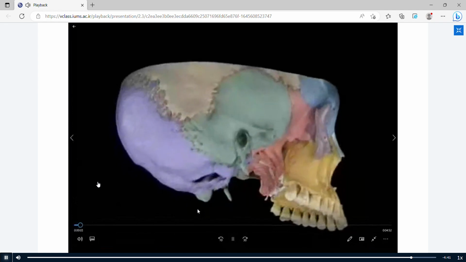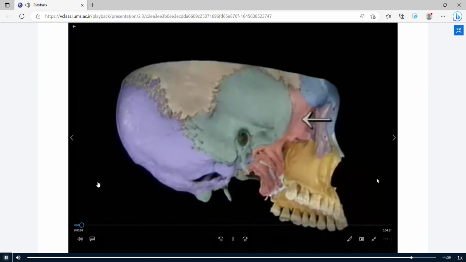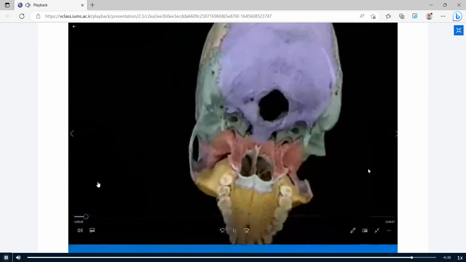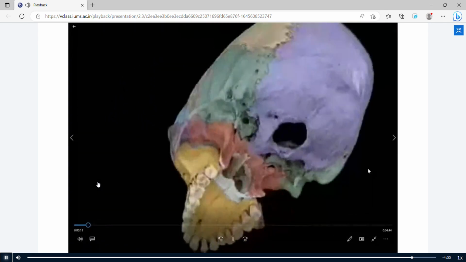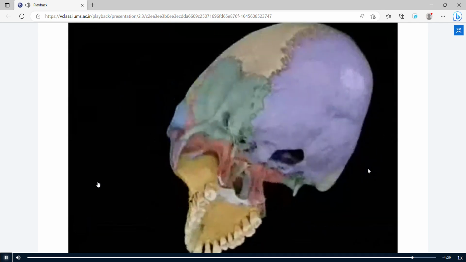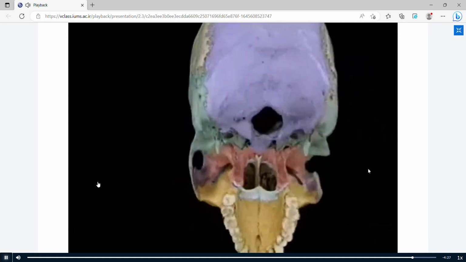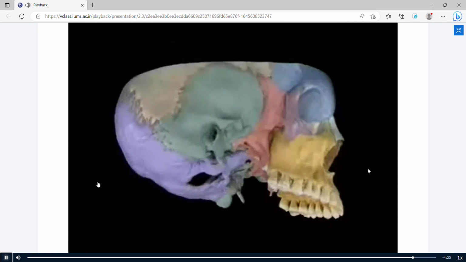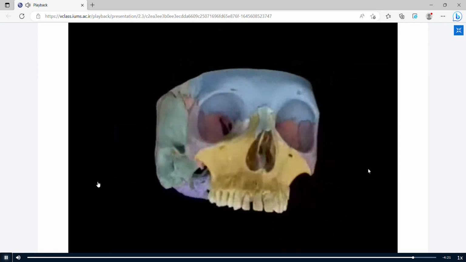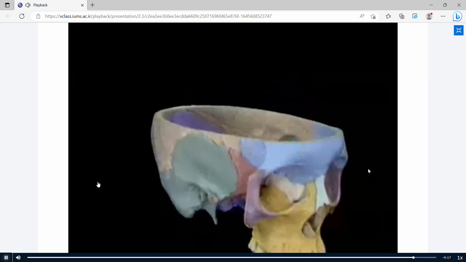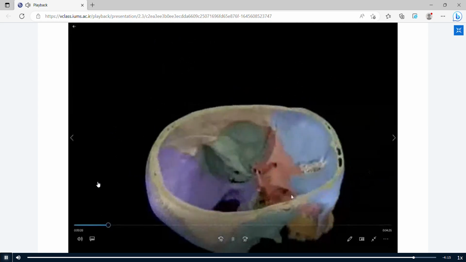The sphenoid bone is extremely complex. It extends all the way from one side of the skull to the other. The sphenoid bone forms important parts of the underside and outside of the skull, and it forms part of the orbit. The pink bone is the sphenoid bone; it also forms this large and complicated part of the floor of the cranium.